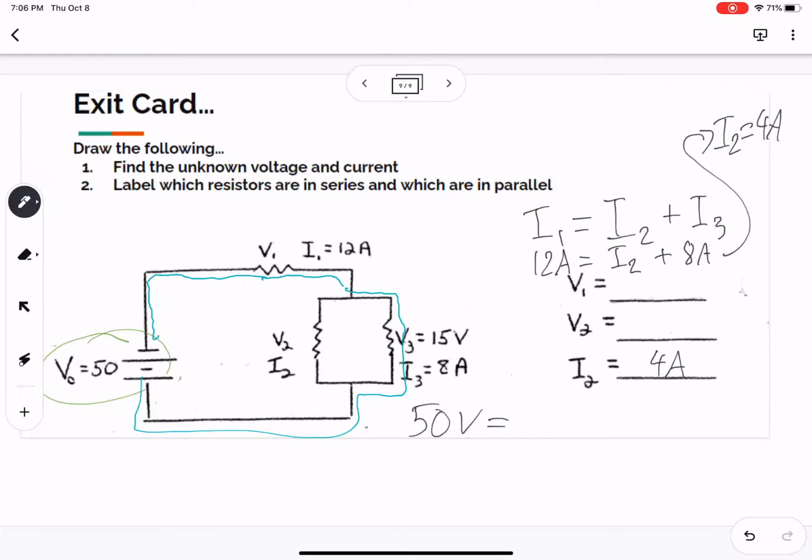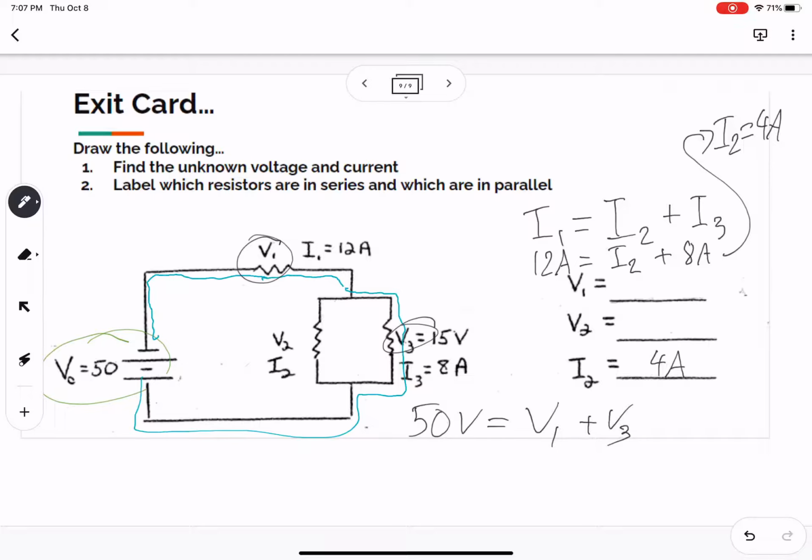The voltage drops, where it's using voltage, at V1 and V3, are going to equal that 50 volts. So V1 plus V3 is equal to 50.